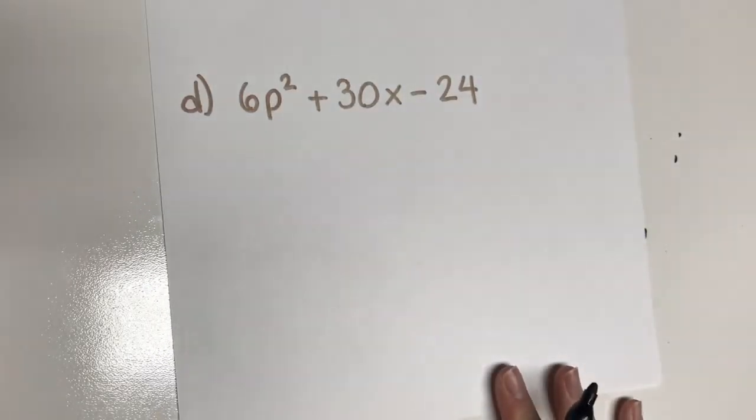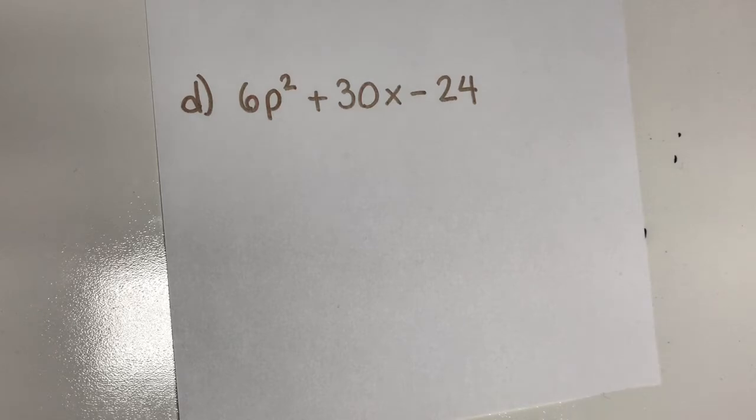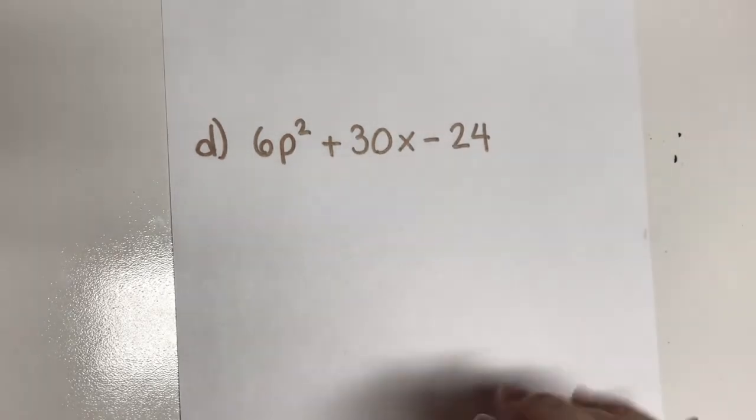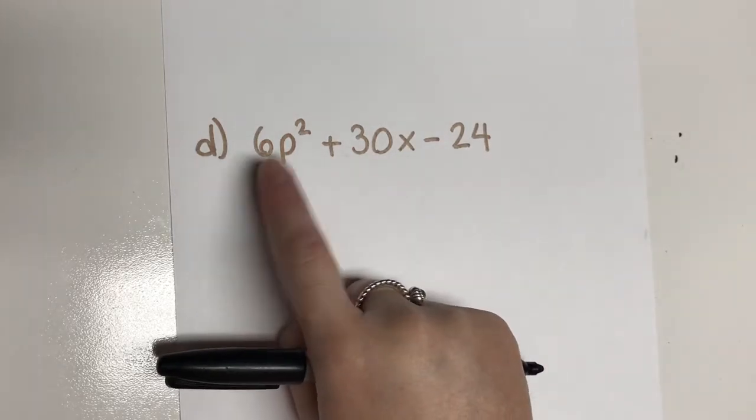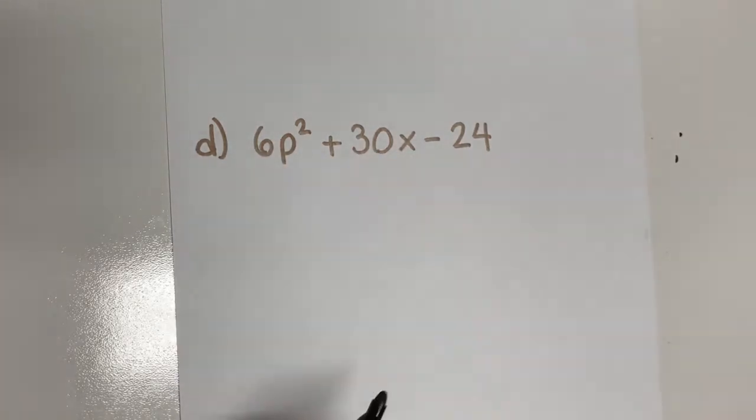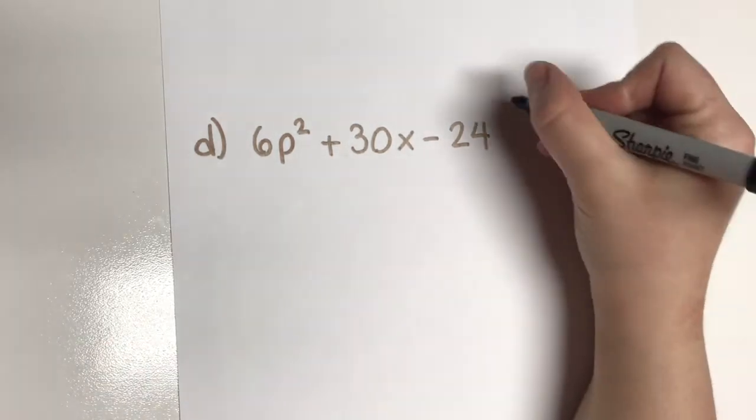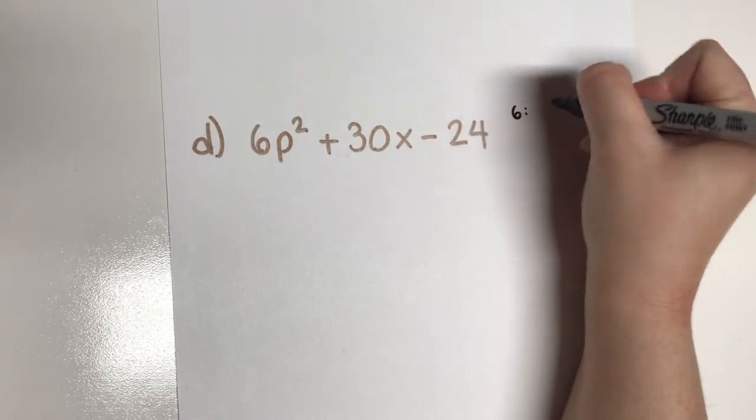Last example, 6p squared plus 30x minus 24. So first I'm going to see, can I common factor? Just by looking at it, I notice that 6 goes into 6, 6 goes into 30, and 6 goes into 24. Like I said before, if your multiplication skills aren't where they need to be, then you can list the factors if that helps.